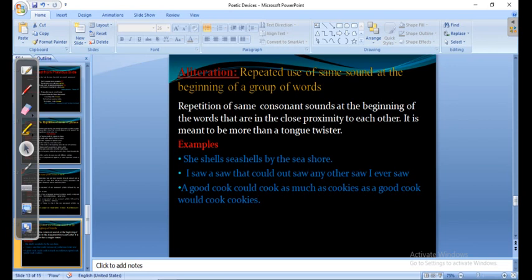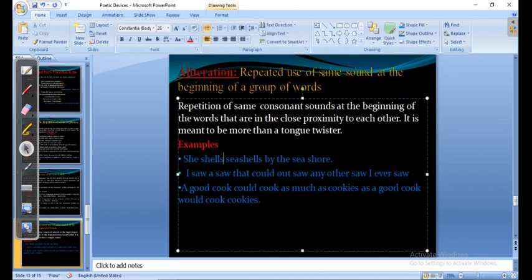You say, she sells seashells by the seashore. Sorry, it is sells, S-E-L-L-S. She sells seashells by the seashore, where you can see the tongue twister.